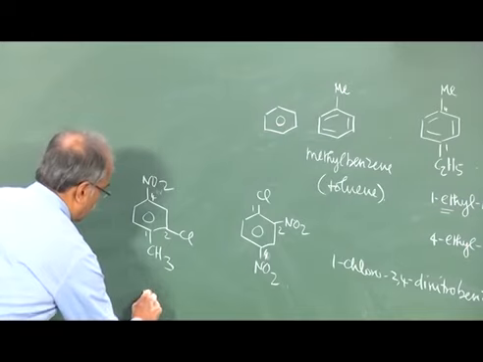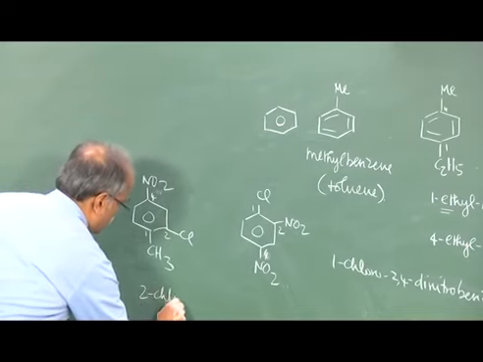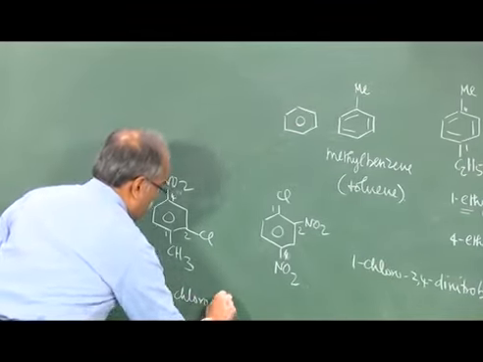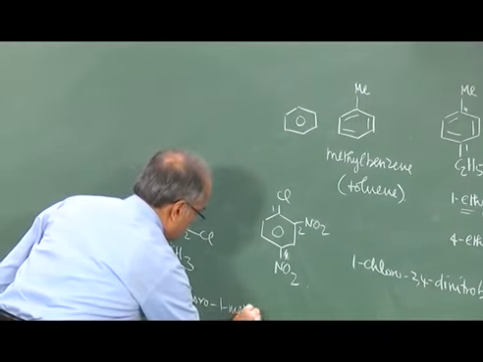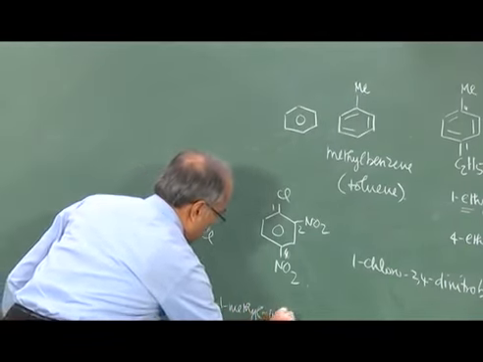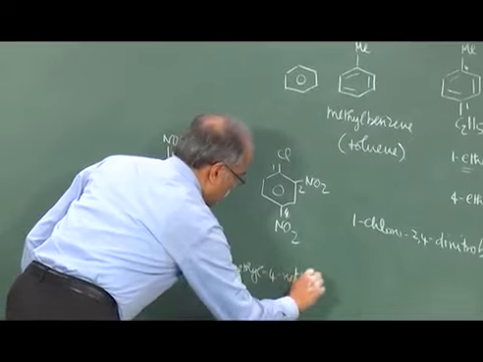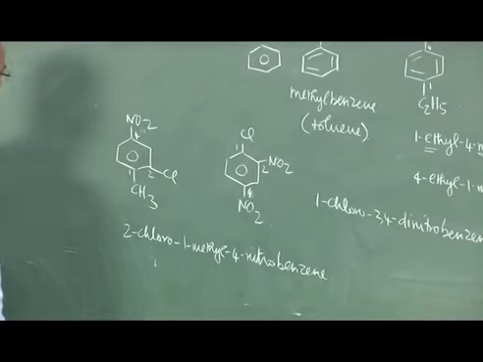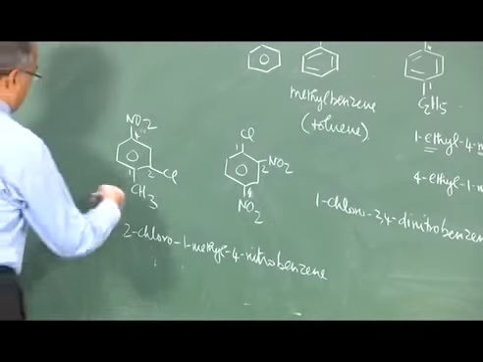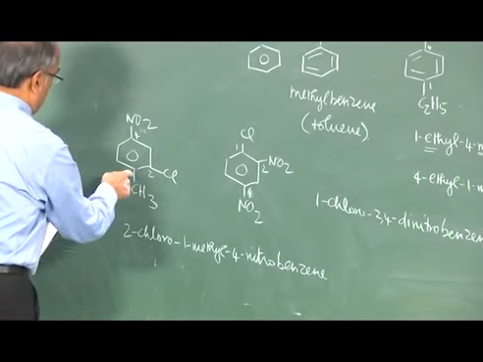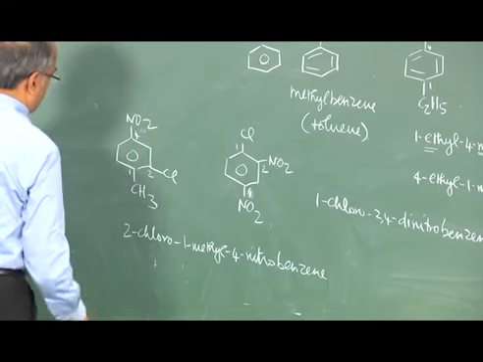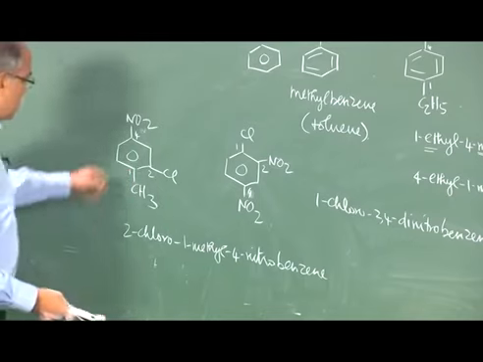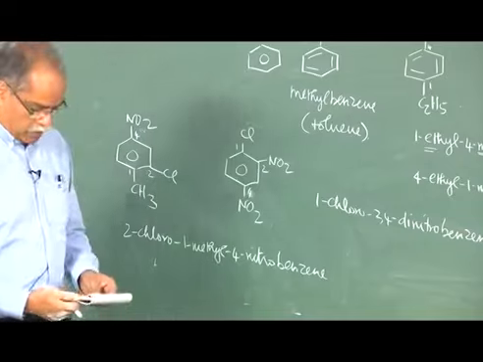So, this is 2 chloro 1 methyl 4 nitro benzene, that gives the substituents the lowest number and not the other way around. It cannot be, for example, 1 chloro, 2 methyl, 5 nitro, that will give a higher number in terms of the functional group numbering compared to this particular number here.